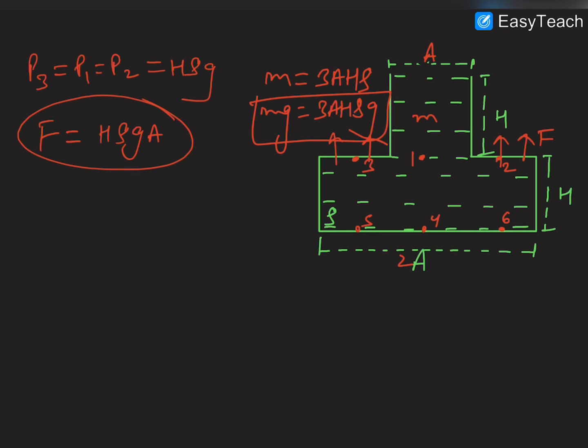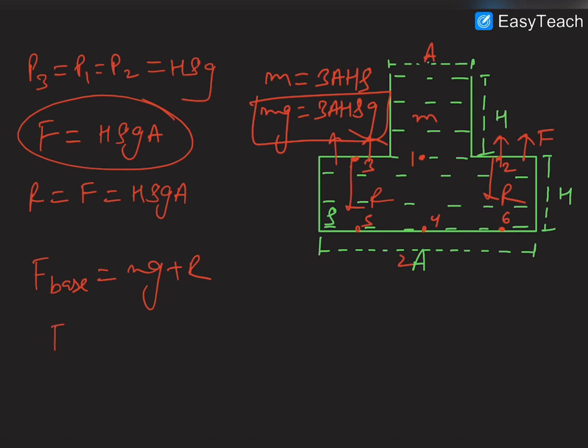Now the liquid is applying this force on the roof in the upward direction, and the roof will be providing the reaction of this force in the downward direction. So the reaction will be equal to F, and it would be h rho g A. And the force acting on the base of the container will be mg plus this reaction, because finally this reaction would be transferred to the base only.